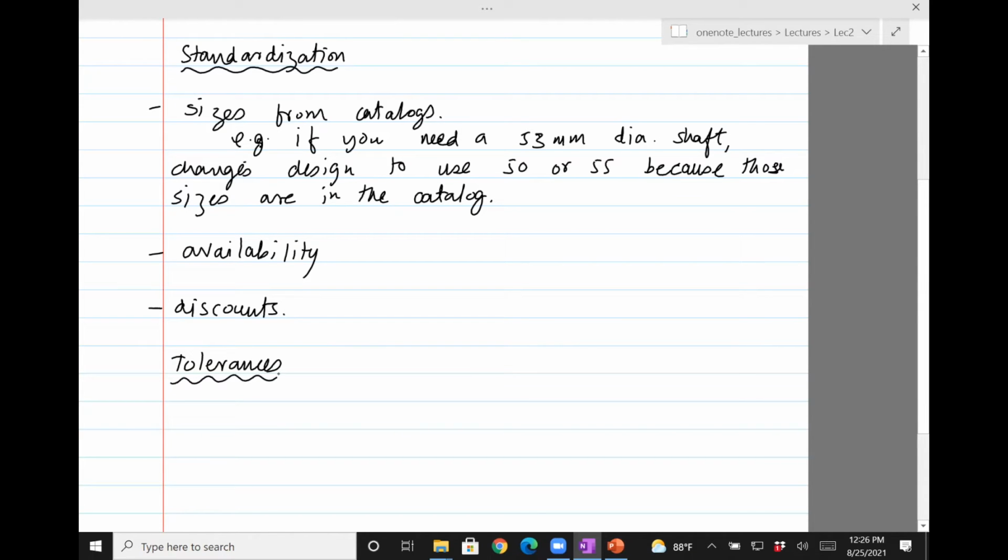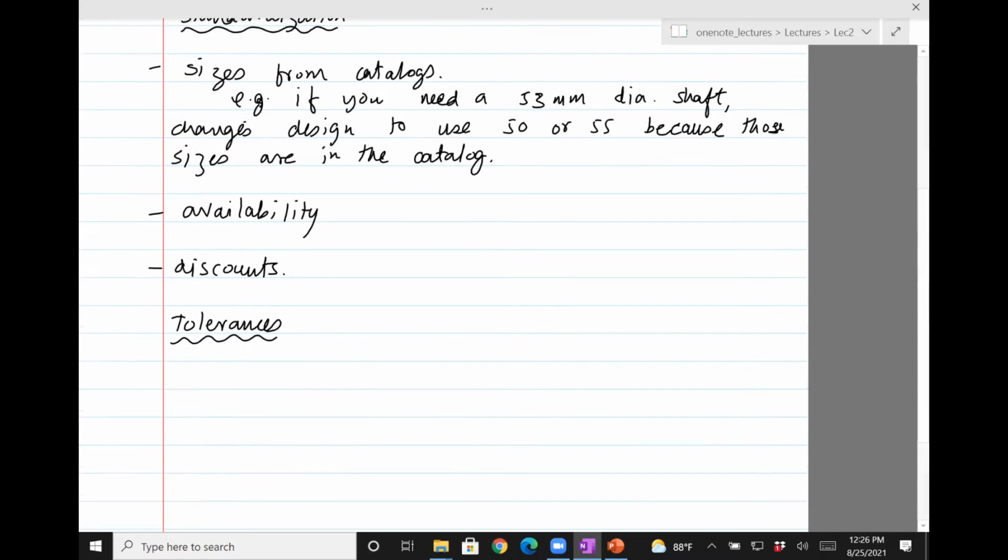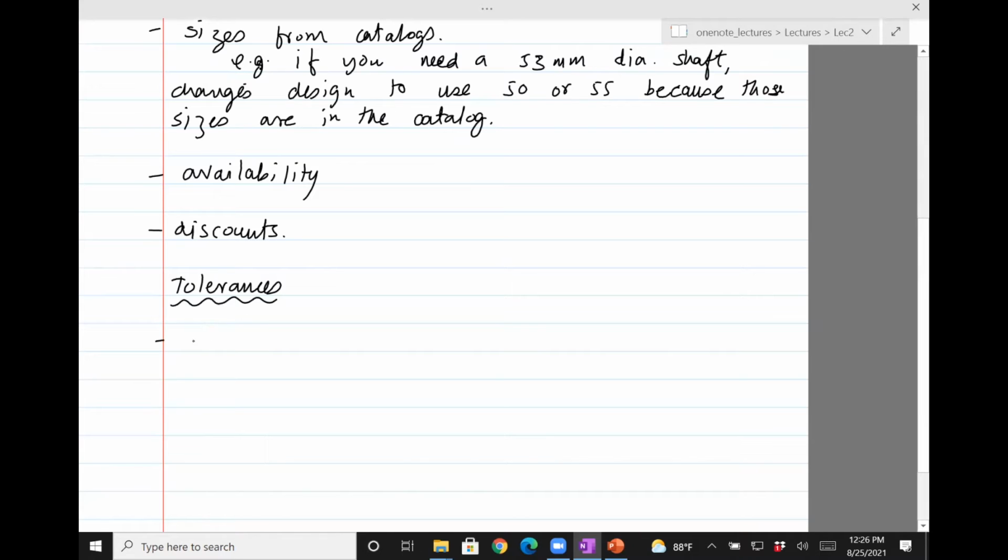Then we have tolerances. Now, when you make a shaft which is 50 millimeters, you see that when you measure it with a caliper, it will not be exactly 50. It will probably be plus or minus something. That plus or minus millimeters on the diameter is basically the tolerance on that particular product. So this is the dimensional tolerance.